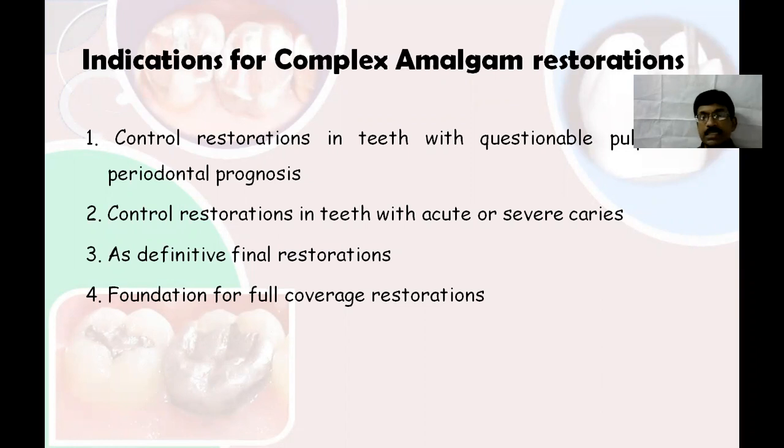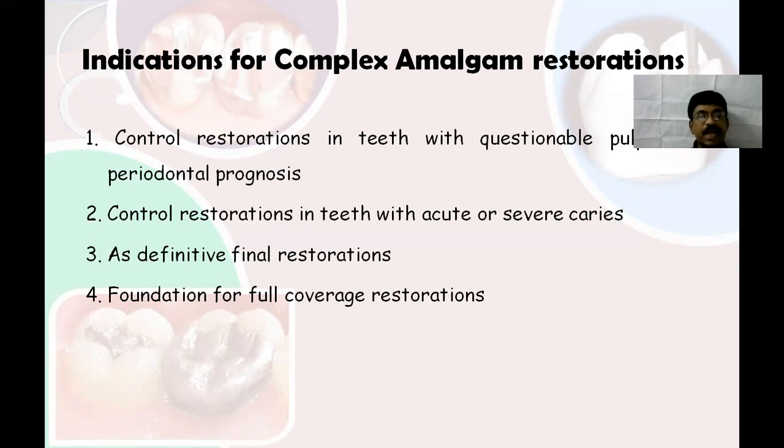The second indication is that they are used as control restorations in teeth with acute or severe caries. So we have to see the long-term prognosis of teeth with acute or severe caries, and in this case also we can go for complex amalgam restorations as a control restoration.